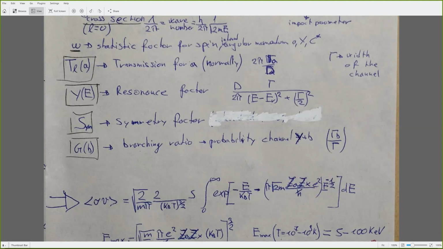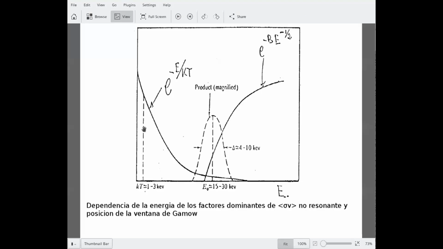If you look at this and we plot it, you can see here the famous graph with the Maxwell-Boltzmann curve, then the transmission increasing, and this should be, I think, not exactly linear.